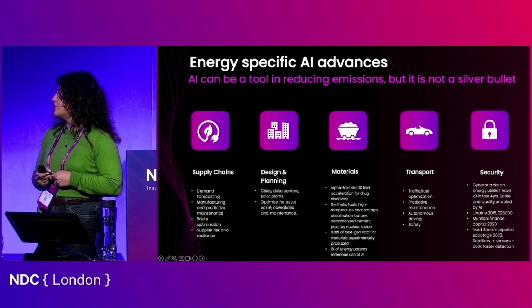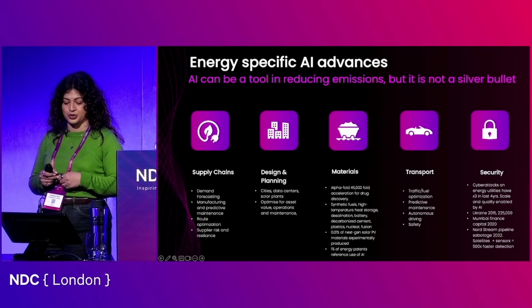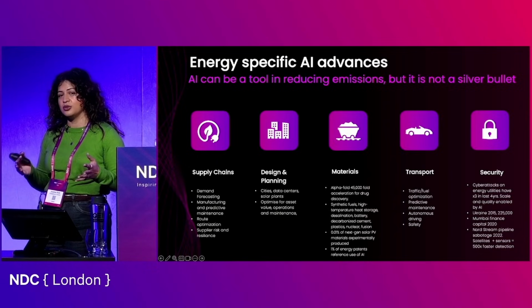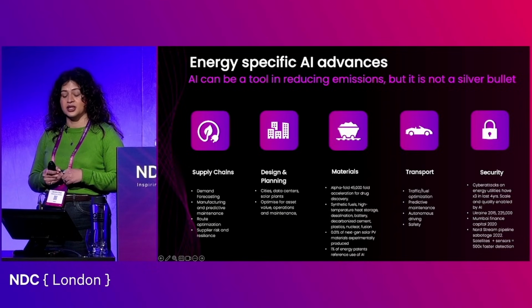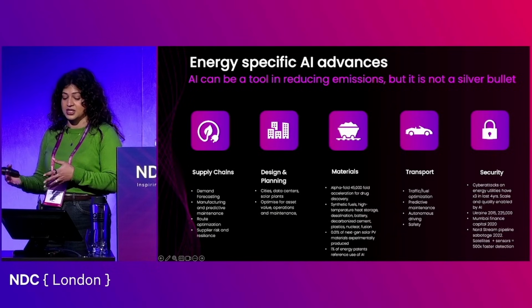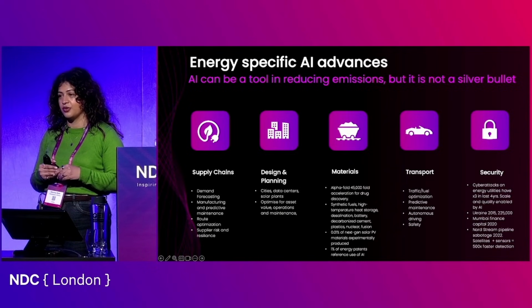We can implement AI for predictive maintenance and optimizing manufacturing. There's route optimization, and even just building more resilient supply chains. We can understand which suppliers are likely to be affected by different geopolitical or even climate disasters that may need us to look a little bit further in terms of who else we could procure from.